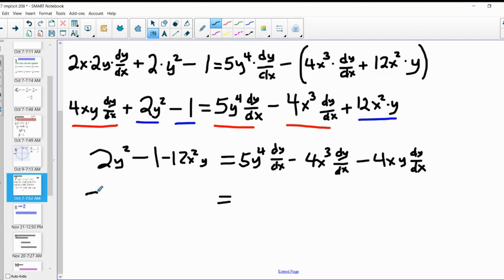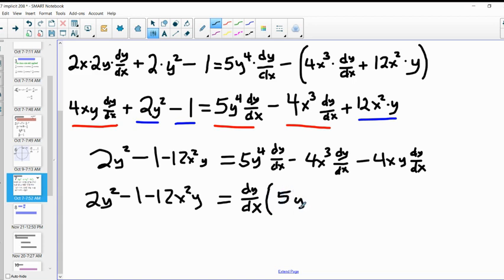And someone would bravely raise their hand and say, let's factor out that dy dx. And I'd say, thank you for that idea. That's a wonderful idea. I'll be left with 5y to the fourth minus 4x cubed minus 4xy.